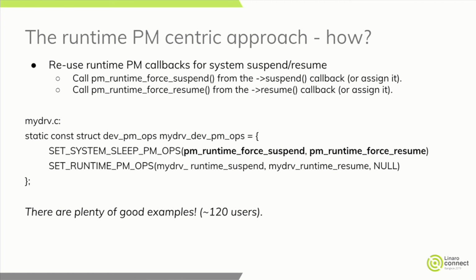And within those callbacks, you take into account if my device is already runtime suspended, then I'm done. If it's not suspended, use the runtime callbacks to suspend it. And likewise for the resume part. So you are reusing code and also avoiding resuming devices when not needed.